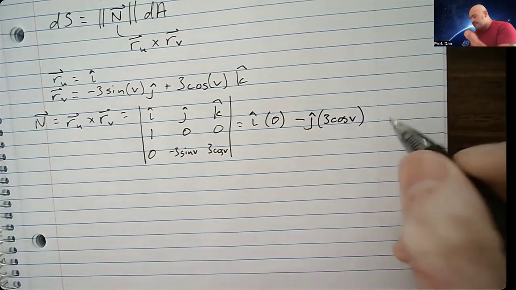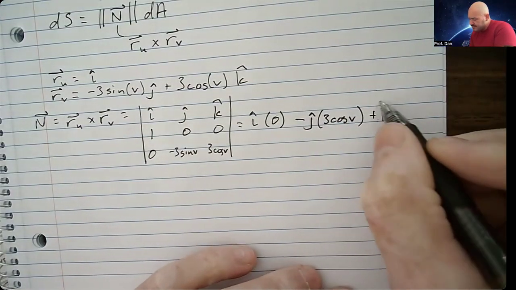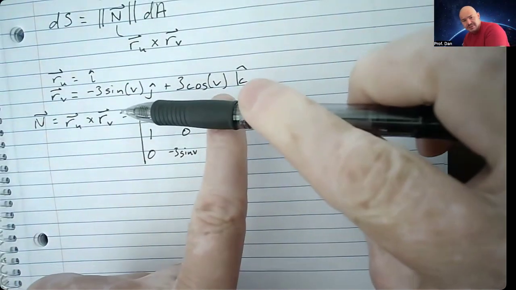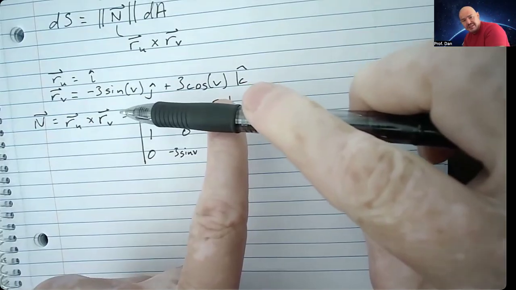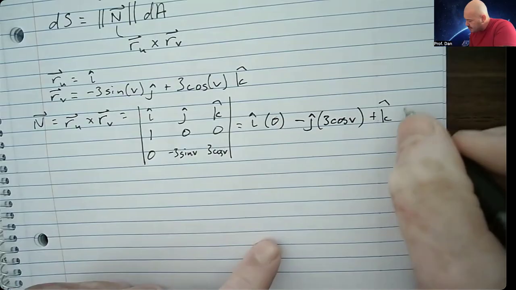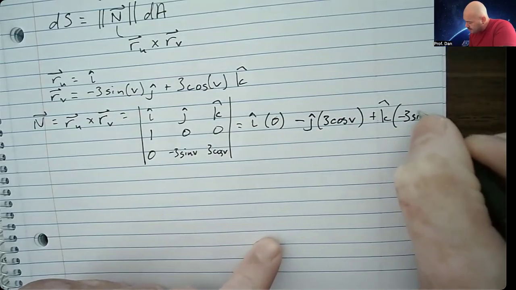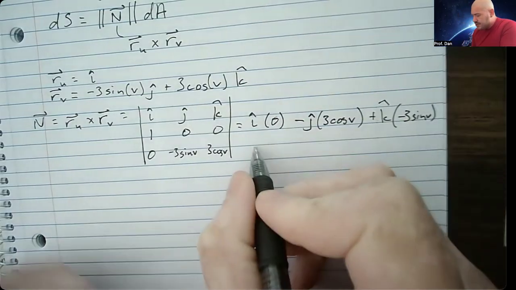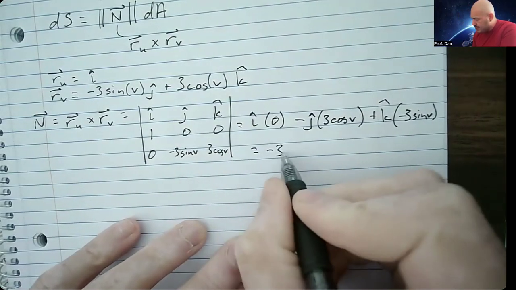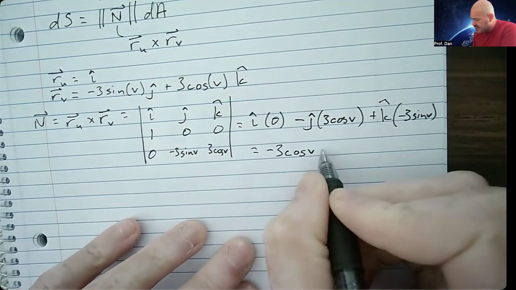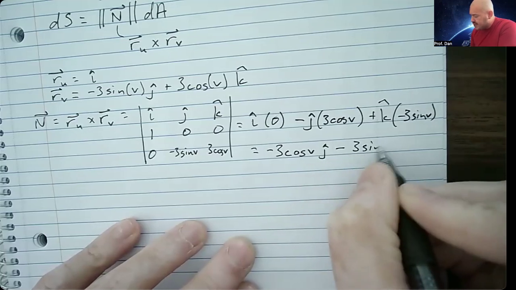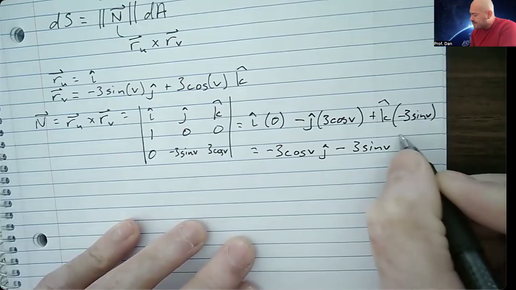And then for the k component, cover up first row, third column, and you take the determinant of what's left over. That's going to be -3 sine v minus 0. So my normal vector ends up being -3 cosine v j minus 3 sine v k.